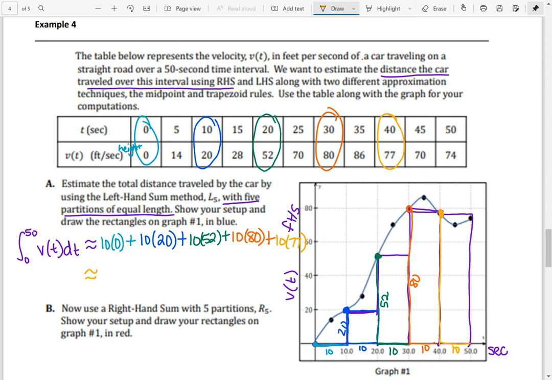10 times 20 plus 10 times 52 plus 10 times 80 plus 10 times 77. I get 2290.